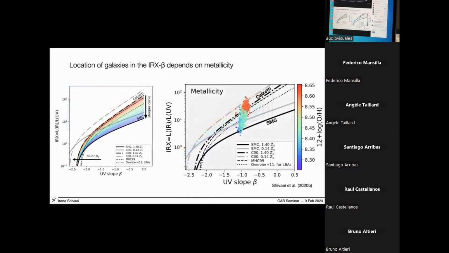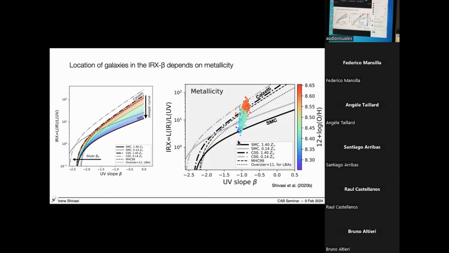In a separate study, we looked at the locus of galaxies at a fixed UV continuum slope as a function of metallicity, which is the color here, and we find that indeed they correlate very well with metallicity, such that at a given slope, galaxies that have higher metallicity lie on the locus of the IRX beta diagram that is occupied by shallower attenuation curves.